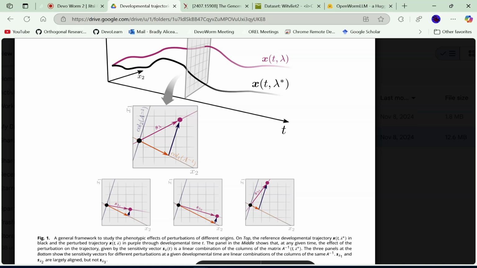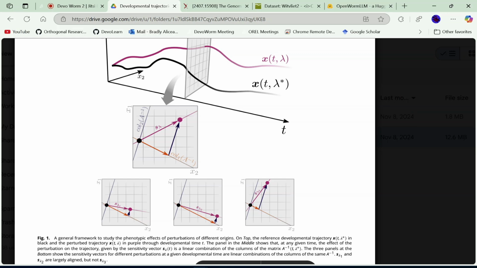So on top, which is this large figure with the trajectories, the reference developmental trajectory, which is at the bottom, is in black, and the perturbed trajectory is in purple through developmental time t. So the purple one is the perturbed one, the black one is the reference trajectory.